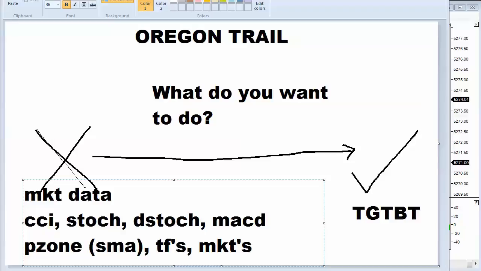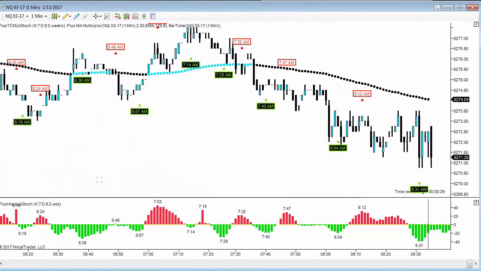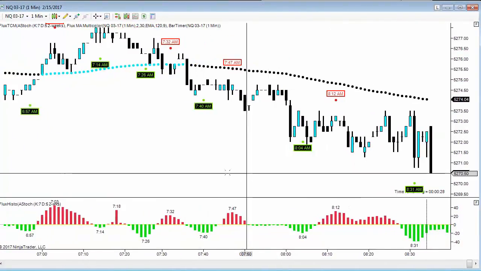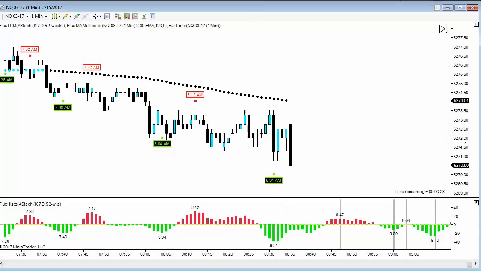So in this case, our tuning fork is a chart that we know looks good. So we can use a market like the NQ in this case, and we can say, wow, this is achievable. This is a good tuning fork. This is what I want my markets to look like when we're finished.